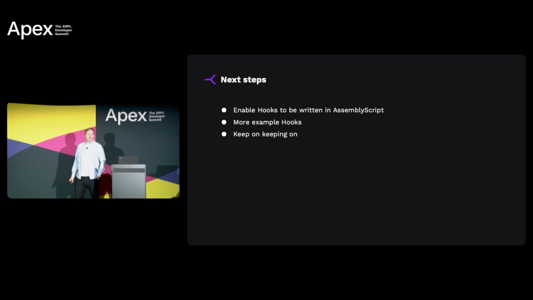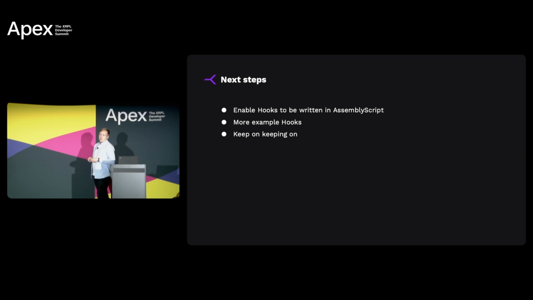Next steps are, we're currently playing with AssemblyScript, as I mentioned earlier. So that's probably a bit easier to develop with than C, although you're not writing a huge amount of code either way with hooks. They're quite concise.